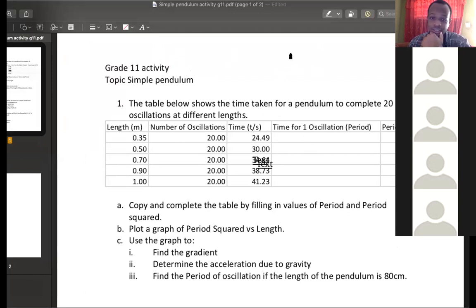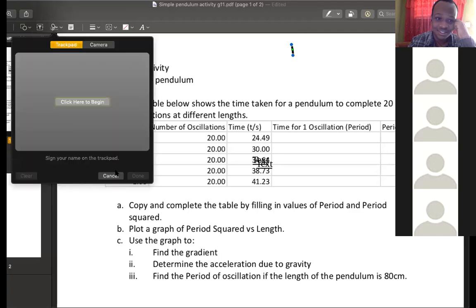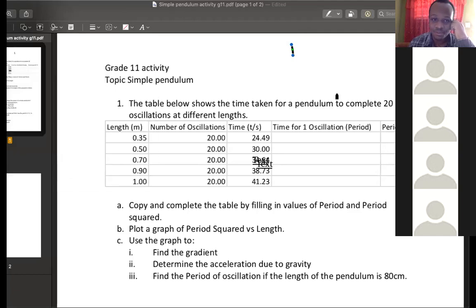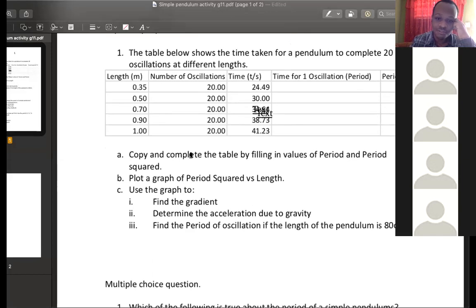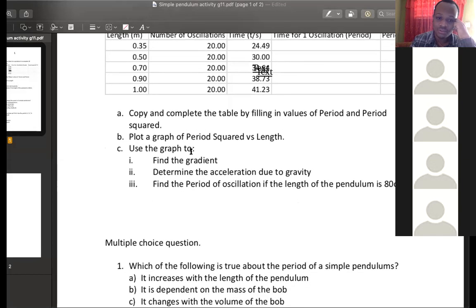Remember, we divide time by the number of oscillations, and then we find the squared. We're supposed to complete the table by filling in the values of period and period squared. Very easy. We must plot a graph of period squared versus length.